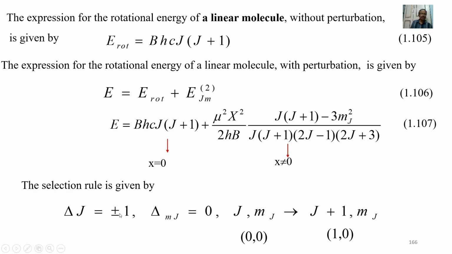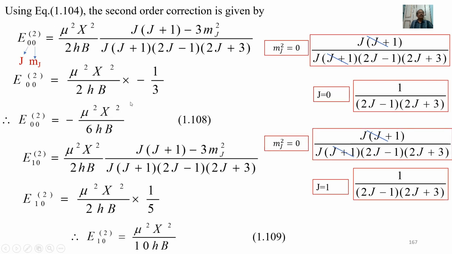Now we are going to use the selection rule as it is, del j equals plus or minus 1, del mj equal to 0, j comma mj goes to j plus 1 comma mj. This level is 0 comma 0, and this is 1 comma 0, where the first number stands for j and the second stands for mj, so j plus 1 becomes 1, and mj equals 0 here. Now we'll use the same equation 1.104. The second order correction is given by this expression.